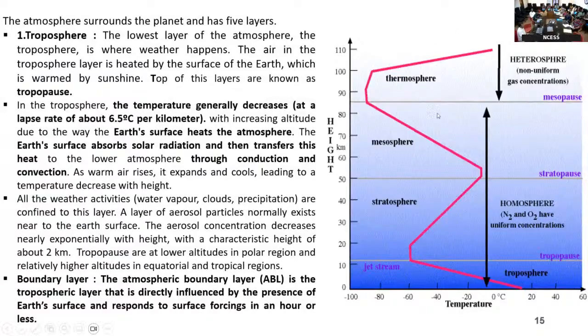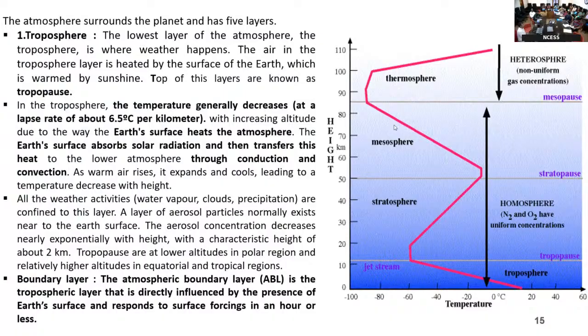Then further it is decreasing. Here there is no major absorption of solar radiation, so what happens actually? Cooling is mainly due to radiation emitted by the gases there, especially CO2.